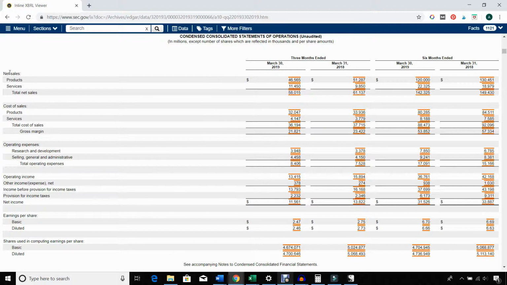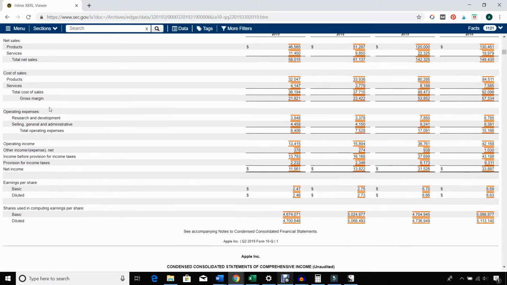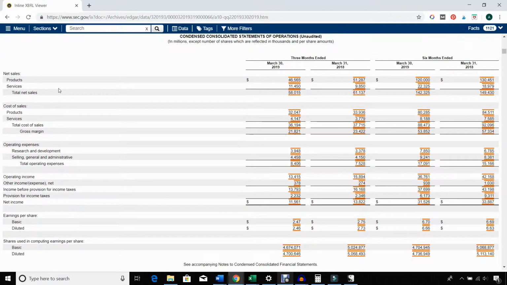Below your sales, you'll have your cost of sales, also known as COGS. Cost of sales is basically what it costs to deliver a product or service to a customer. Now, if you subtract your cost of sales from your sales, you'll have something called gross profit or gross margin.